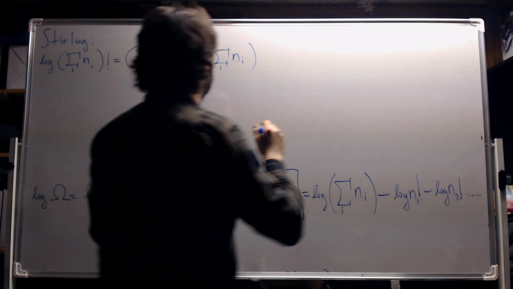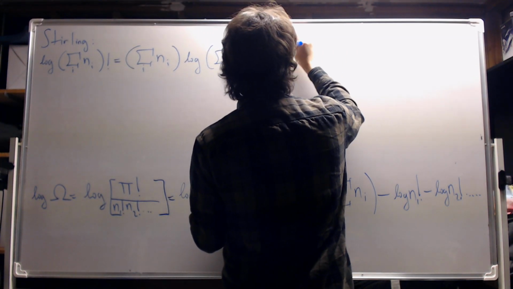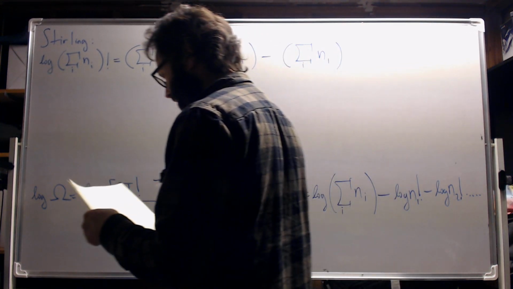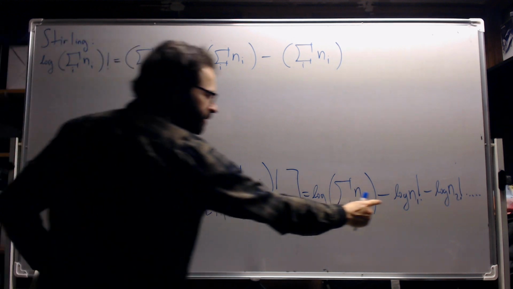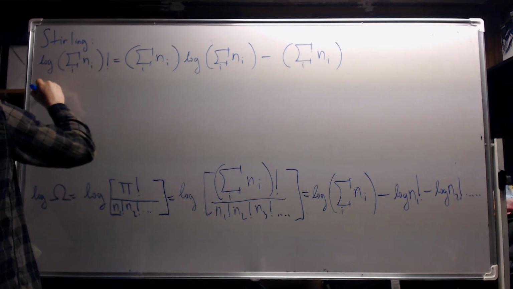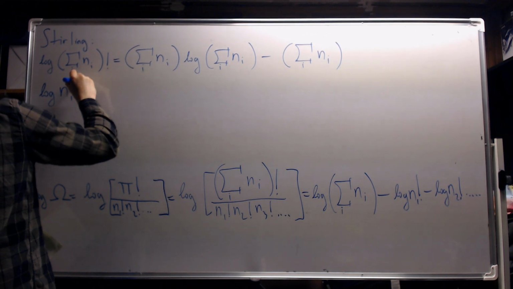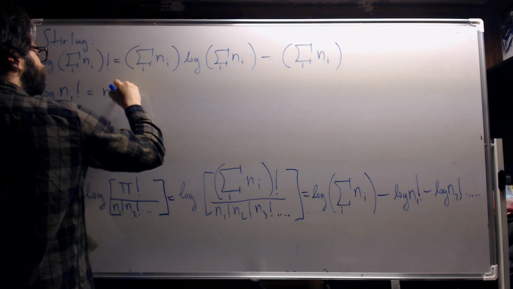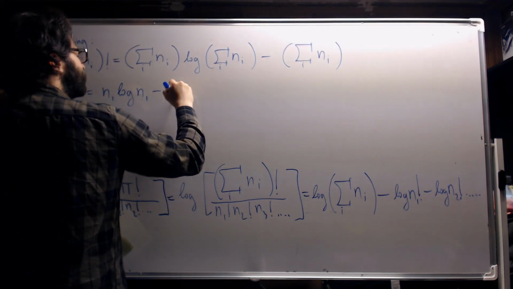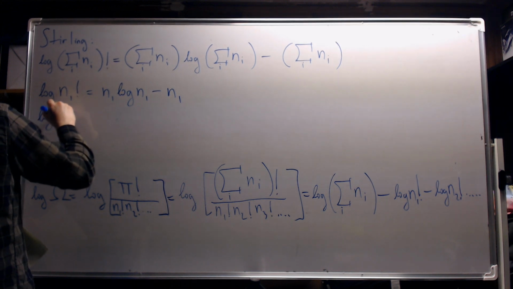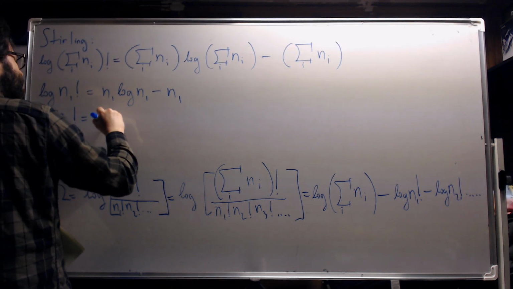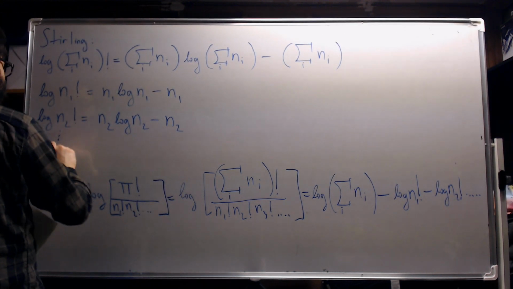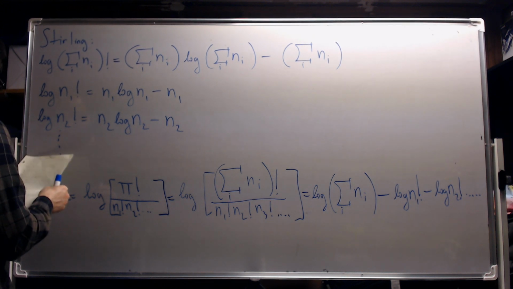Notice the factorials are all gone now. Minus the sum over i of ni. Similarly for the other terms, it looks a little bit easier. Log of n1 factorial is n1 log of n1 minus n1. Log of n2 factorial is n2 log of n2 minus n2, and so on. So this is Stirling's approximation applied to all of them.